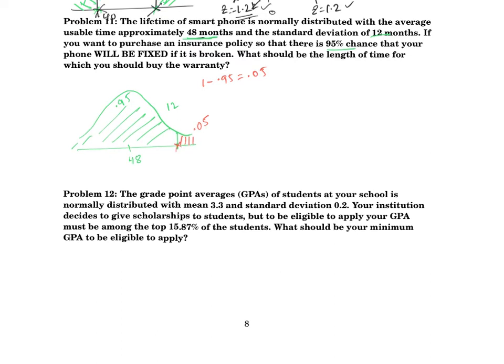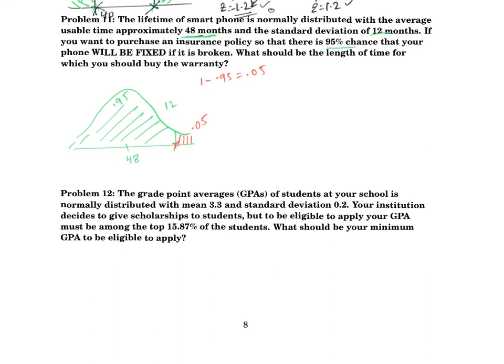Now what is this value you need to find? If you look at the standard normal distribution, exact same thing, the area to the right is going to be 0.05, and we know from our calculation previously that this z value is 1.645, positive.